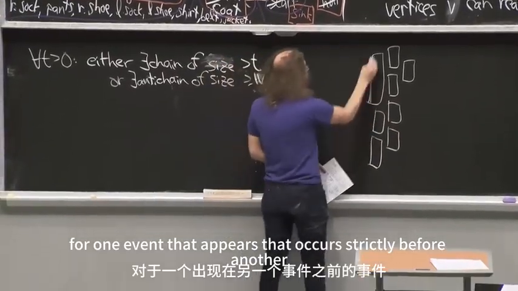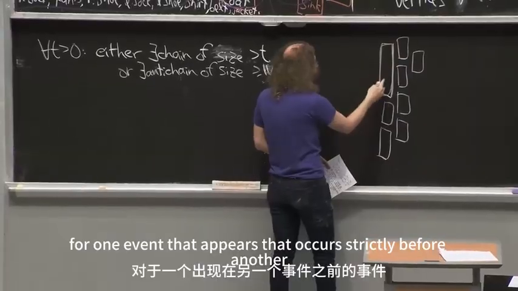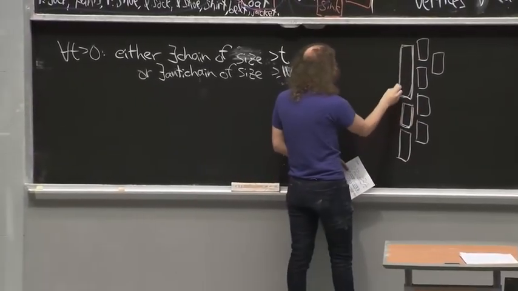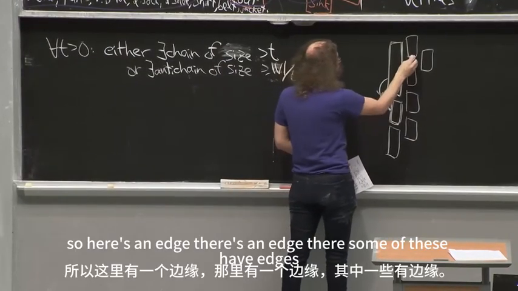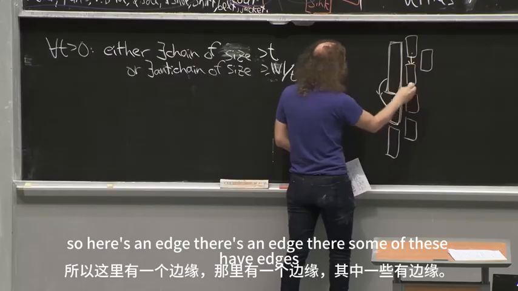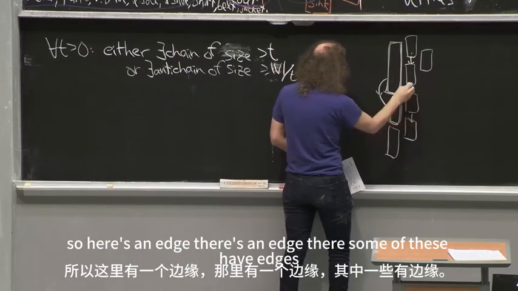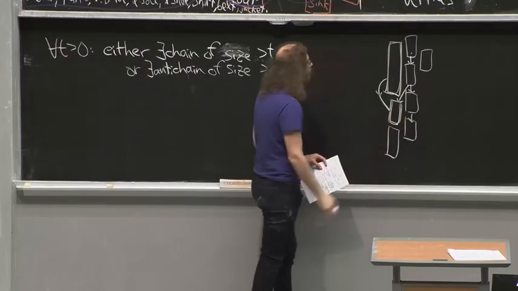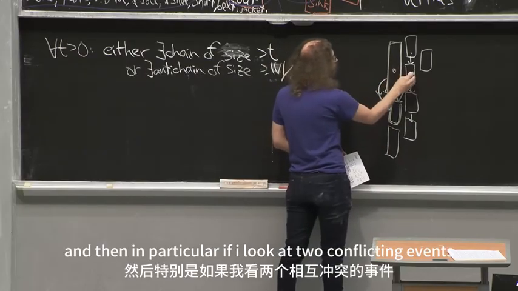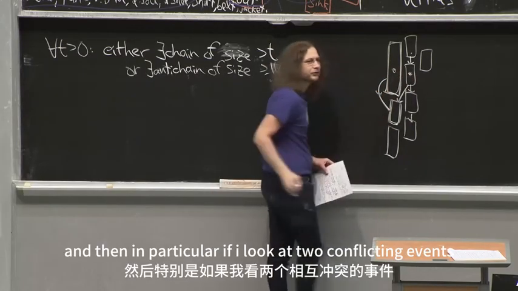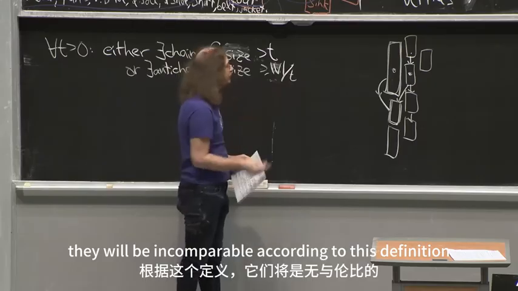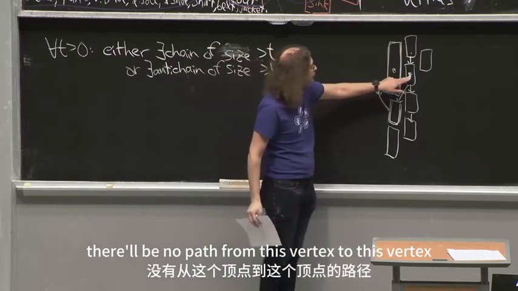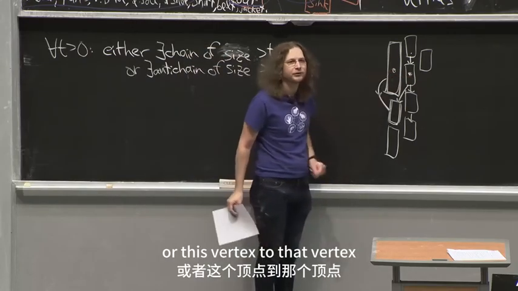Well, for one event that occurs strictly before another, I'll draw an edge. Okay, so here's an edge there, there's an edge there. Some of these have edges, some don't. And then, in particular, if I look at two conflicting events, they will be incomparable according to this definition. There'll be no path from this vertex to this vertex or this vertex to that vertex.